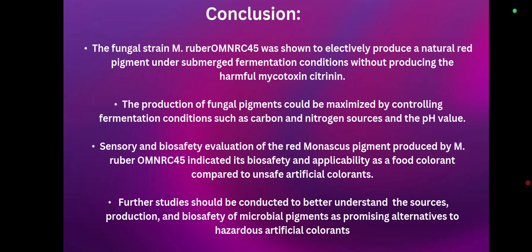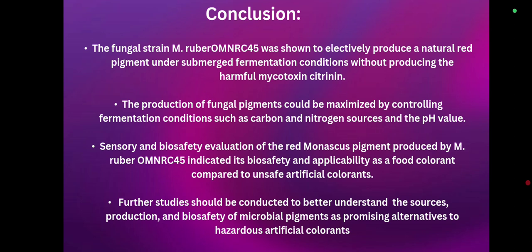The fungal strain M. ruber was shown to selectively produce a natural red pigment, which was the aim of this research, under submerged fermentation conditions without producing the harmful mycotoxin, which is citrinin. The production of the fungal pigment could be maximized by controlling fermentation conditions such as carbon and nitrogen sources and the pH value.